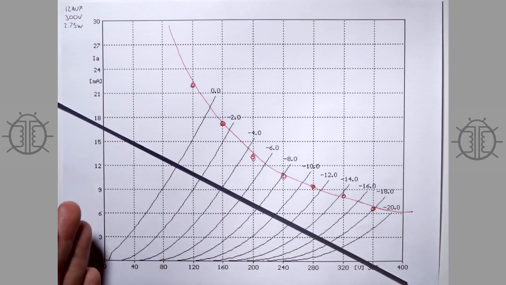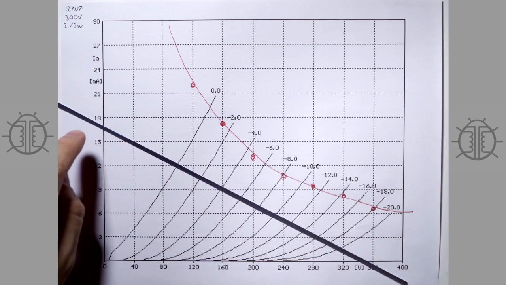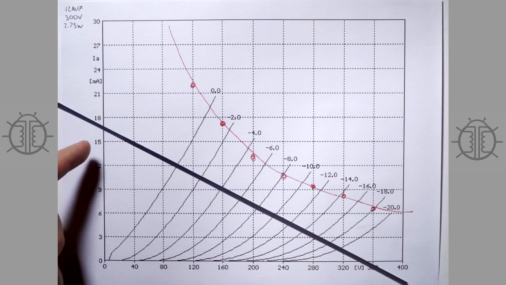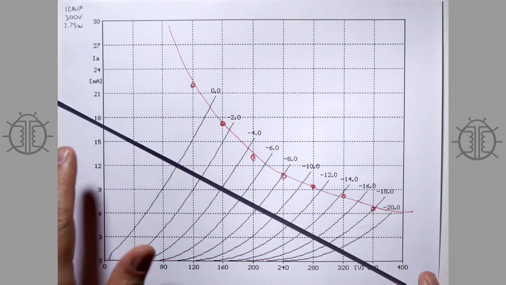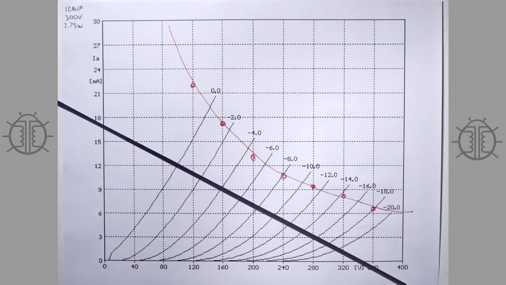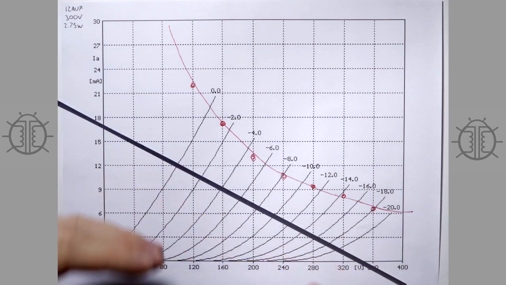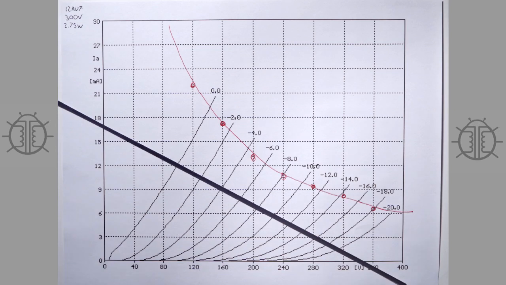And we're going to look at this, and we're going to say, look, that's 17 milliamps over here, and we're at, what are we at? 350 volts. So we can find what this load line represents in a resistance value by dividing the voltage by the current here.